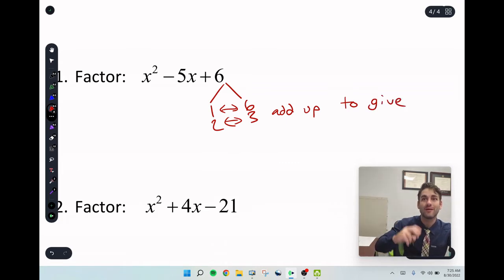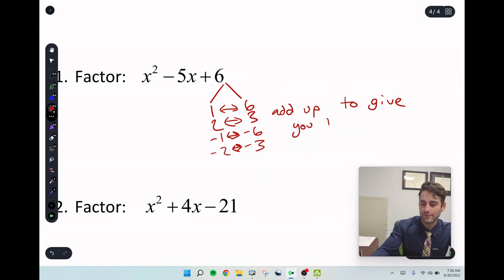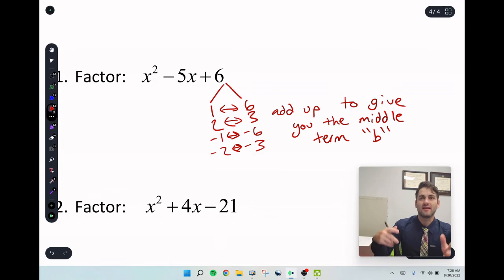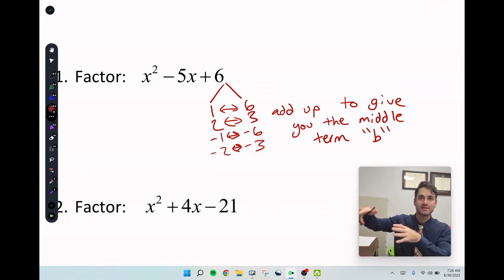Oh, I did miss one. I missed 2. -1, -6, -2, -3. There we go. Which ones add up to give you the middle term, which is also in our formula, the B term. The middle term, which is B, in the ax squared plus bx plus c.